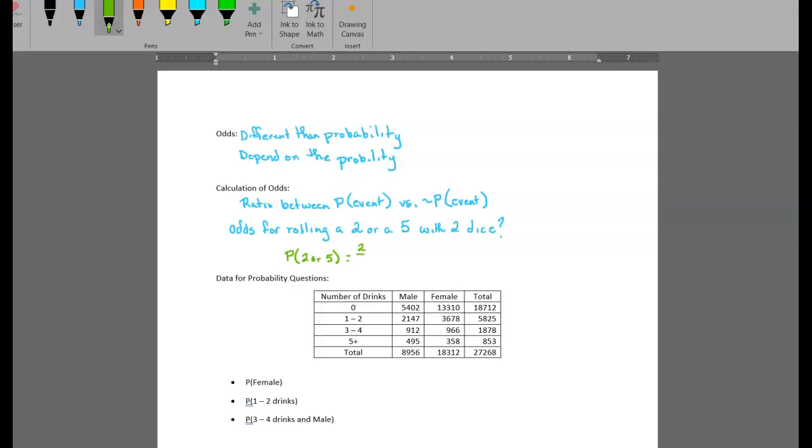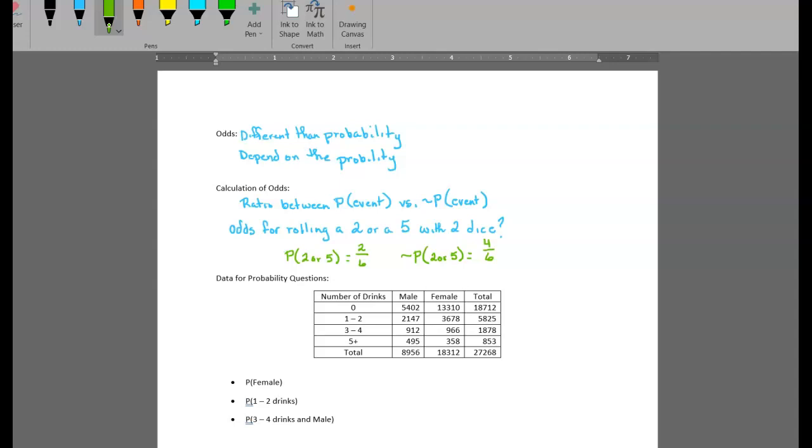2 out of 6. So there's 2 opportunities out of a die of 6. So the probability of not rolling a 2 or a 5 is 4 out of 6. It's what's left over. Again, these add up to 1 out of 1, or 6 over 6. Now we want to write it as a ratio.